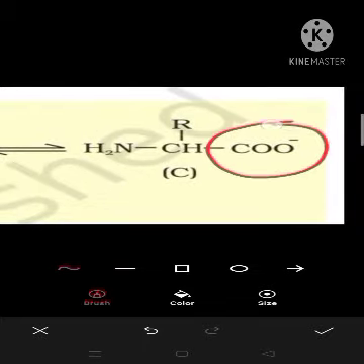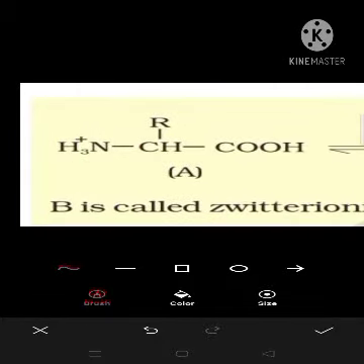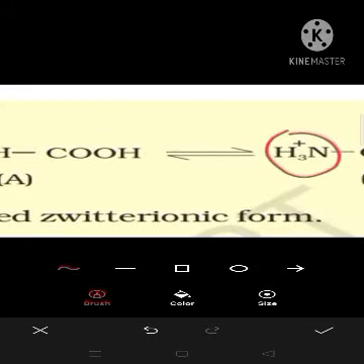Here you can see both the amino group and the carboxyl group are in ionic form. So here the carboxyl group, that is the COOH group, has donated one hydrogen and it is received by the amino group. So the amino group has become NH3+ and the carboxyl group has become COO-.